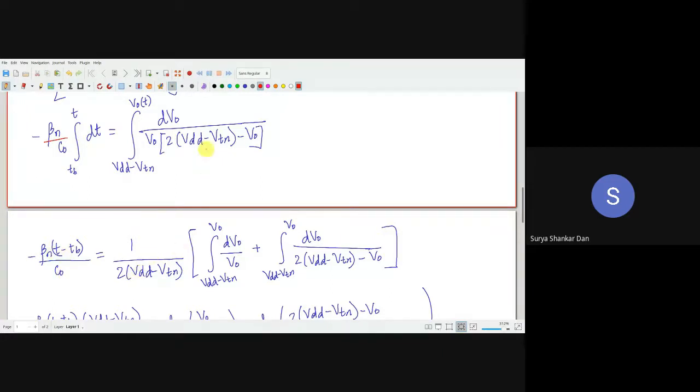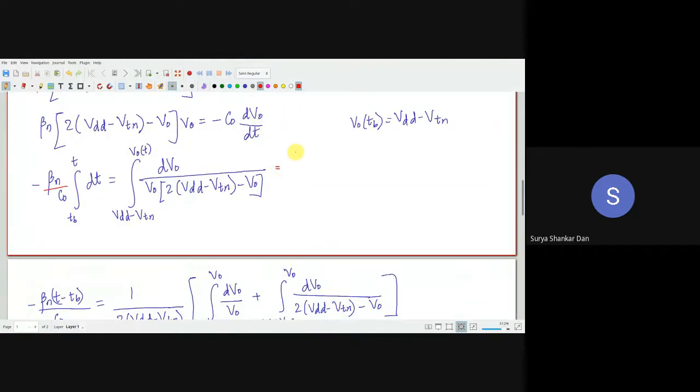Here, 1 upon, what I shall do here is that I am going to write like this. I can basically put VDD minus VTN, VO as a function of time T, plus VTN.